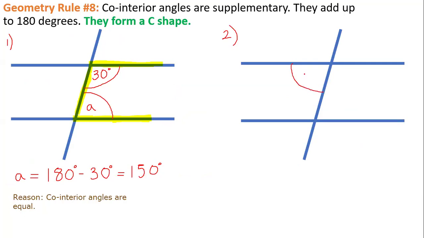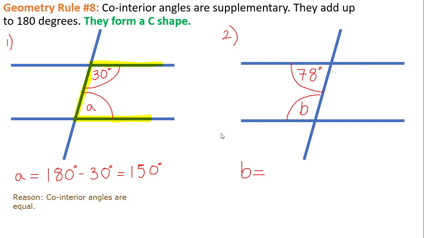Let's say that this is 78 degrees, and let's say that this is B. What is going to be the size of angle B? 75?